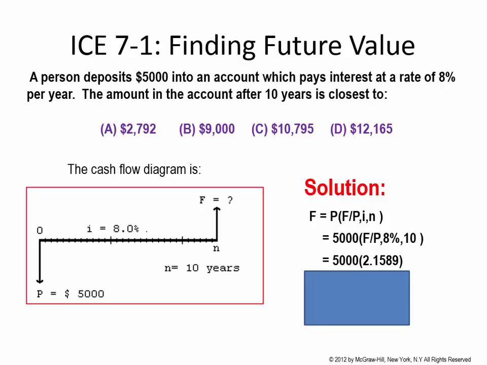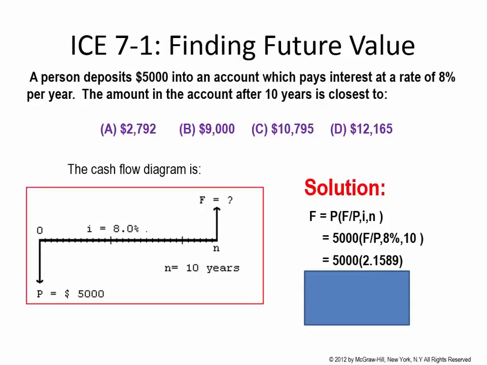So N equals 10. Go to the table, and we're going to use the 8% table, and find the column that says F slash P. It's the first column. F slash P, and we want to look up where N equals 10 for the 8% table. What is the factor? F slash P is 2.1589. Okay?